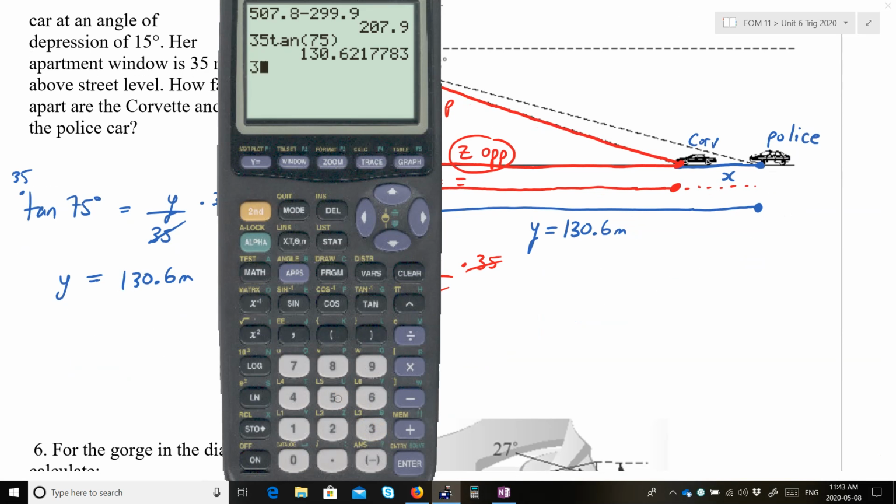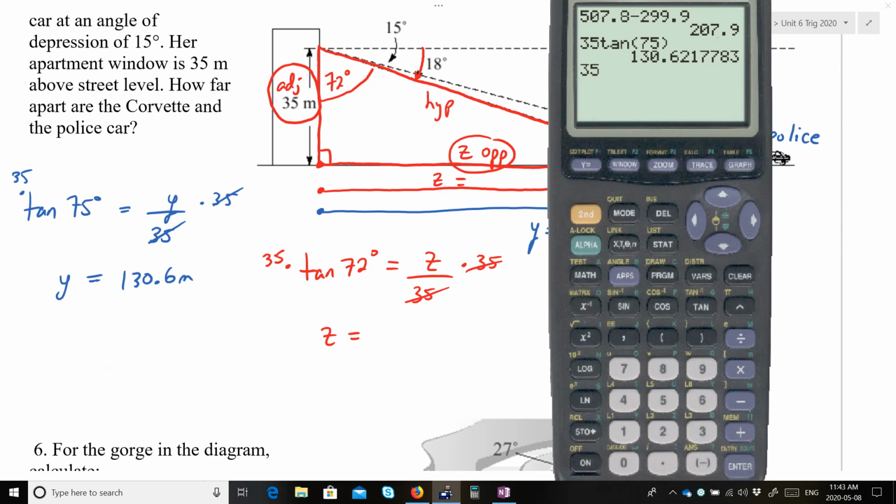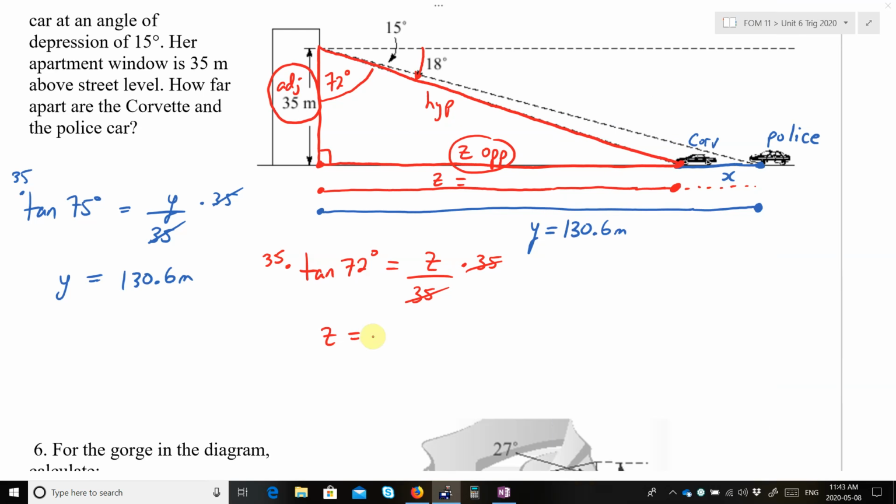So Z is equal to 35 tan 72, which is 107.7 meters.